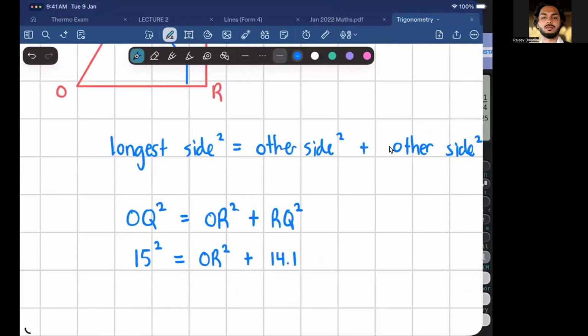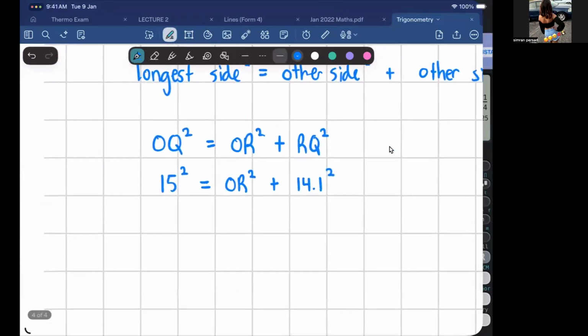Right, so I'm going to write 14.1 squared. All right, Simran, do you want to simplify or move across things one time? Simplify. Sure. What's 15 squared?